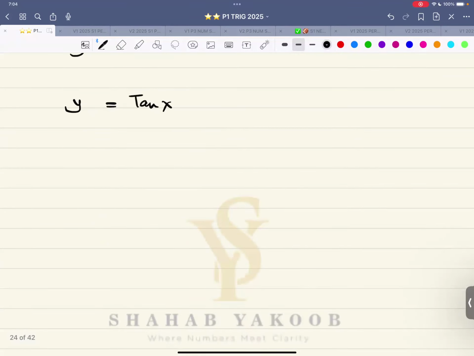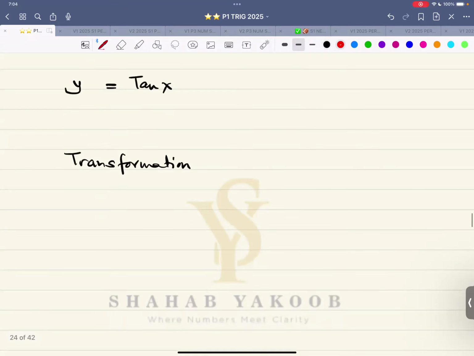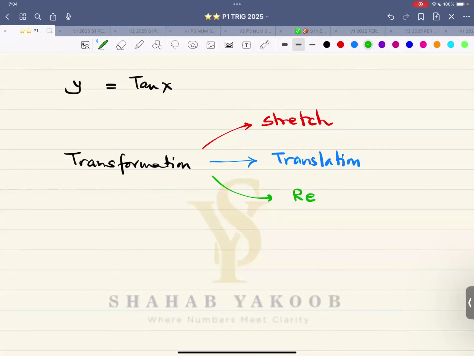We'll be focusing on some basic transformations of graphs. That transformation could be related to a sketch or a stretch. We are drawing a sketch and we'll be doing a stretch. It will be related to translation and it can be related to reflection.